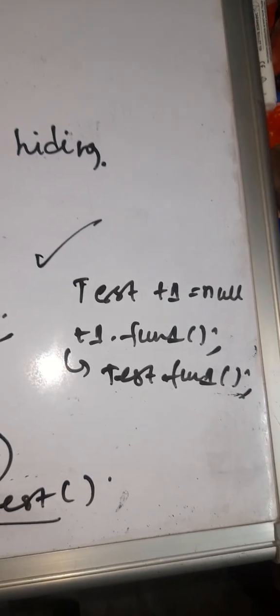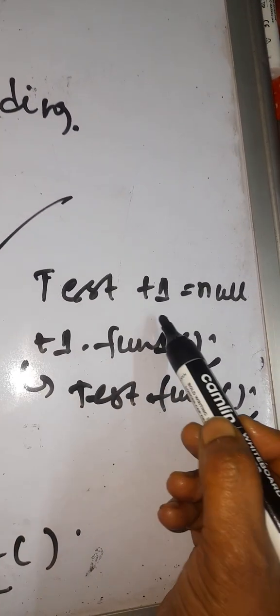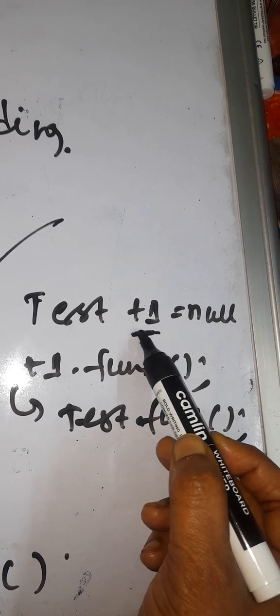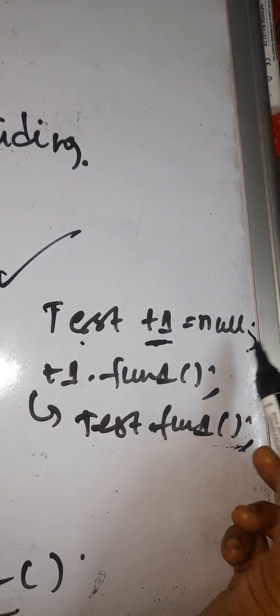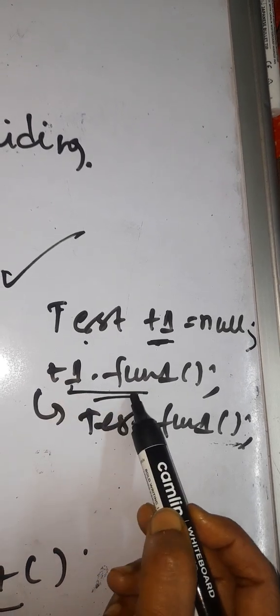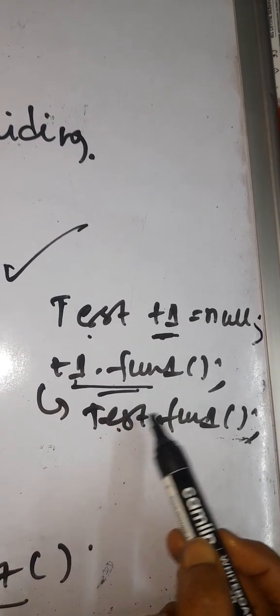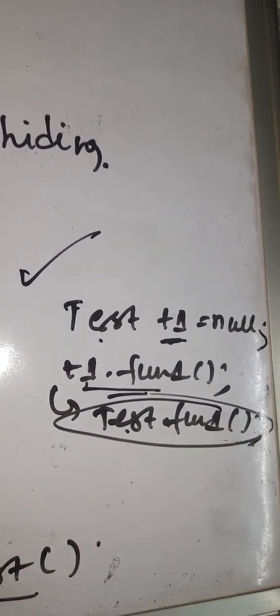If you declare it just like this, Test t1 equal to null, basically what is this? You already declared one reference variable of the Test class and you have not assigned any object. So if you call t1.fun1, it is possible. Basically this means Test.fun1.